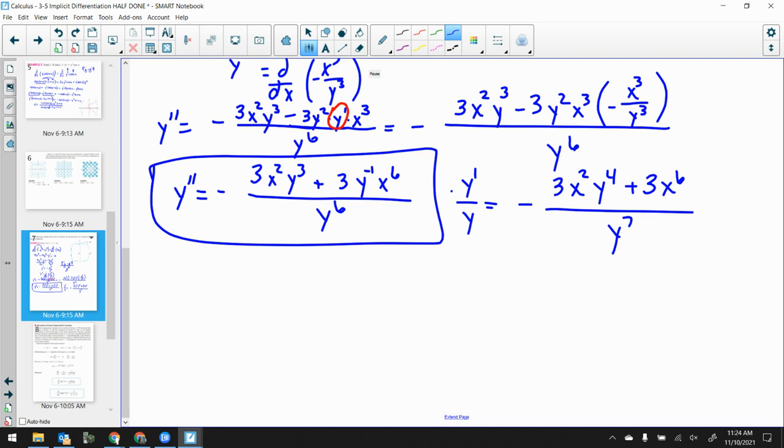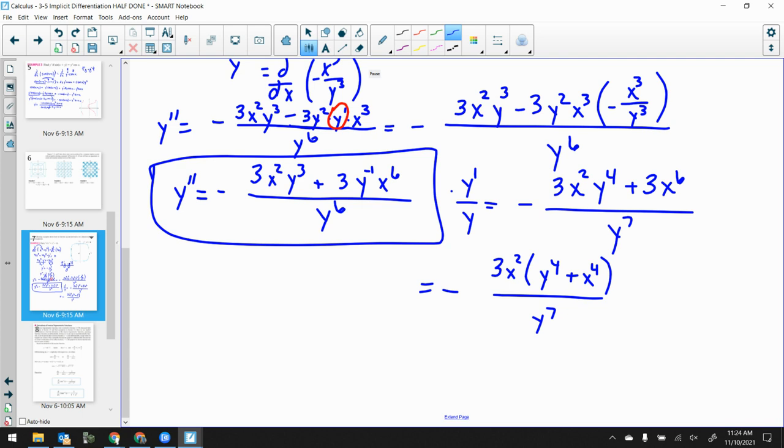What's my common term? If I were to remove a GCF in the numerator, what's my common term? 3x squared. And look what it leaves me with: y to the fourth plus x to the fourth. What is y to the fourth plus x to the fourth equal to in this problem?